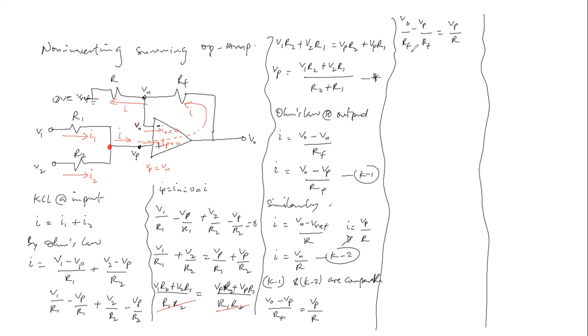Okay. Now, if we collect like terms, V0 divided by R sub F is the same as positive V sub P divided by R sub F plus V sub P divided by R. So V0 now is the same as V sub P times this.